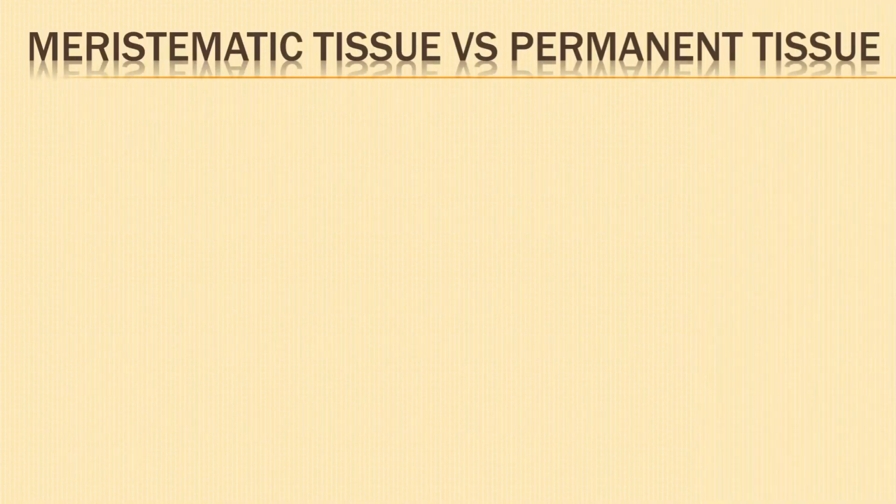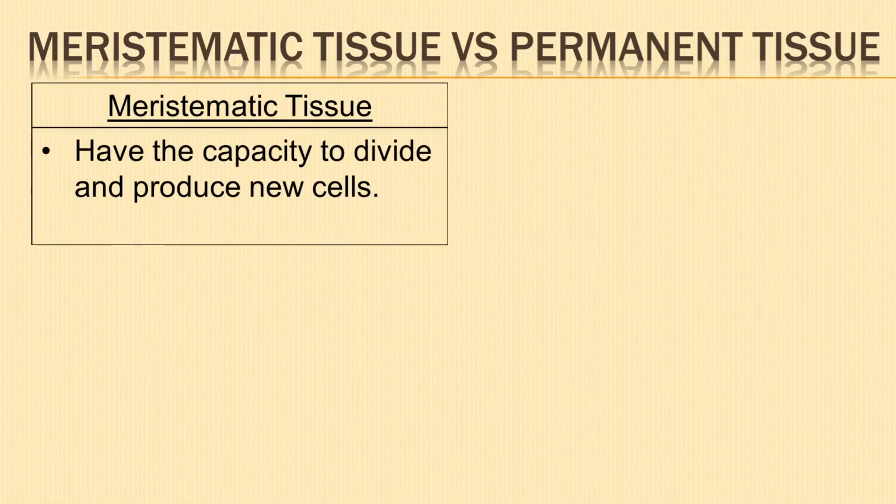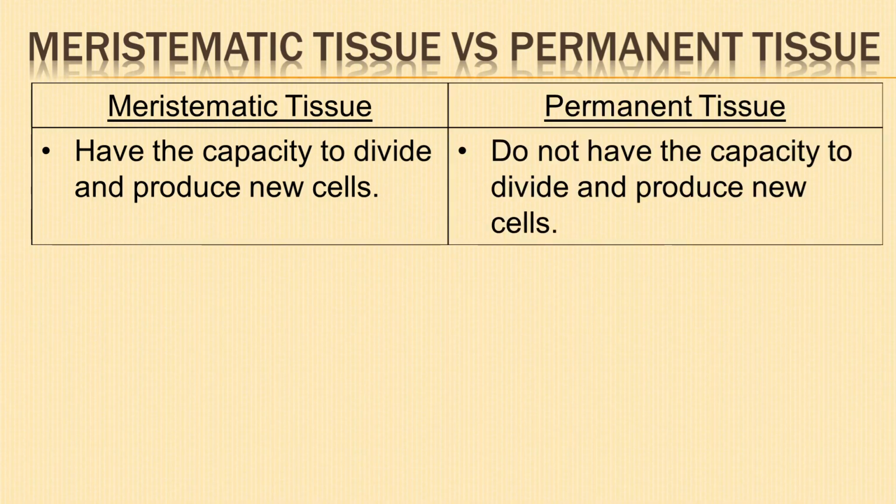Let us look into the differences between meristematic tissue and permanent tissue. Cells of meristematic tissue have the capacity to divide and produce new cells. Permanent tissue cells do not have the capacity to divide and produce new cells.